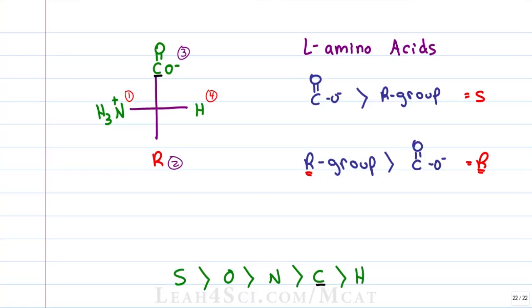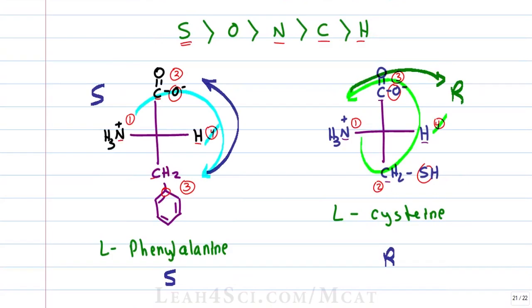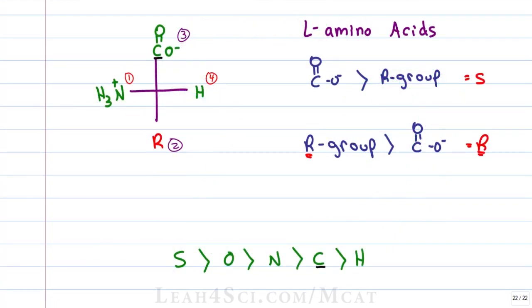Carbons will cancel out, just like we saw in these last 2 examples. We had a C, and then we went to the phenyl group. We had a C, and we went to the sulfur. The next atom on the carboxylate is an oxygen. The only way for that R group to outrank the carboxylate, it has to have something higher in priority than oxygen.